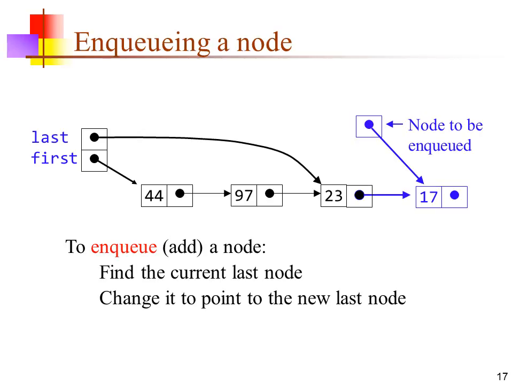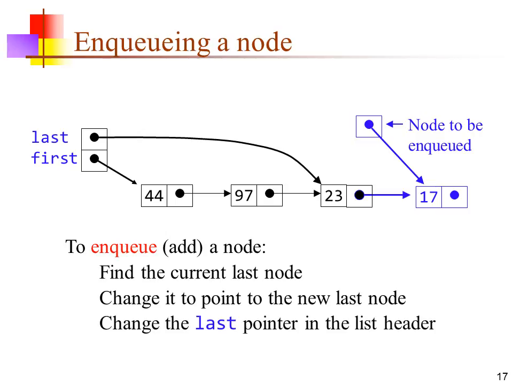Now we established the connection from the node 23 pointer to the node 17. Initially the node 23 pointer value is null. That null value we have to set in node 17, because previously node 23 was the last node, whereas presently node 17 is the last node.